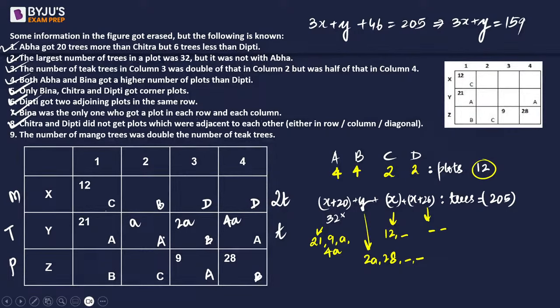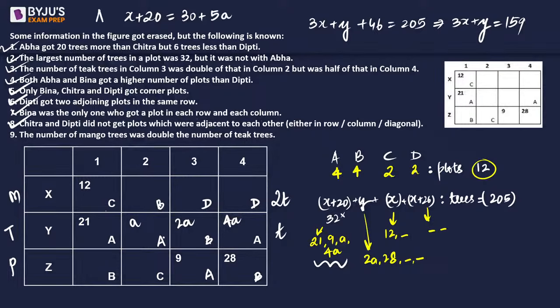Okay? Now, अब यहां पर हमें x की वैल्यू चाहिए, राइट? अगर आप x की वैल्यू सोचोगे तो, looking at what A gets, can we say that x plus 20 is equal to 21 plus 9, 30 plus a plus 4a, which is 5a?